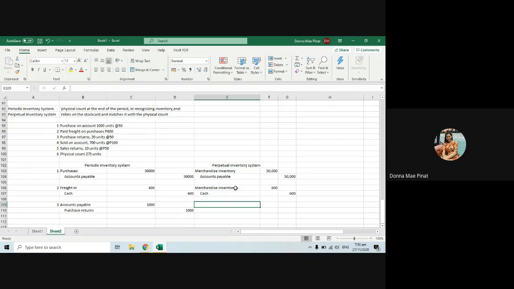So, dayon diri guys, ang hitabo is accounts payable, kuhaan imohang merchandise inventory. Of course. For pila to, again 1,000. Again, guys, ayaw kalimot sa peso sign ha.